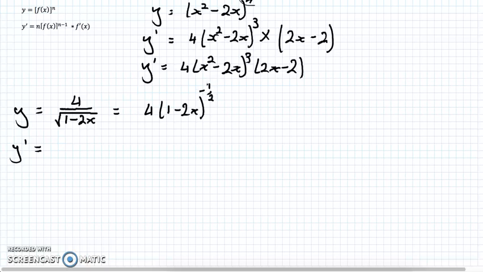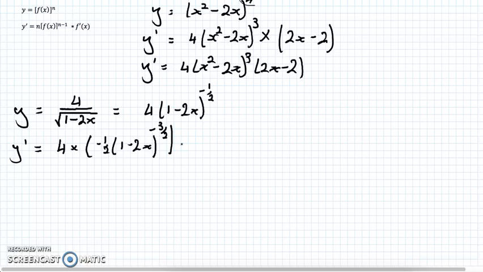Like we've been doing before, take off 1 from here, bring this out the front, and you should end up with something that's going to look a little bit like 4 times, let's go minus a half, so taking that down the front here, 1 minus 2x, all to the power of minus 3 on 2.